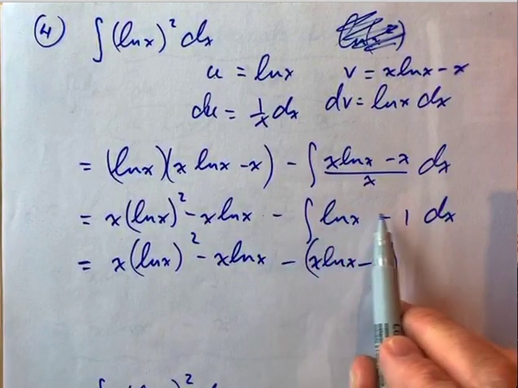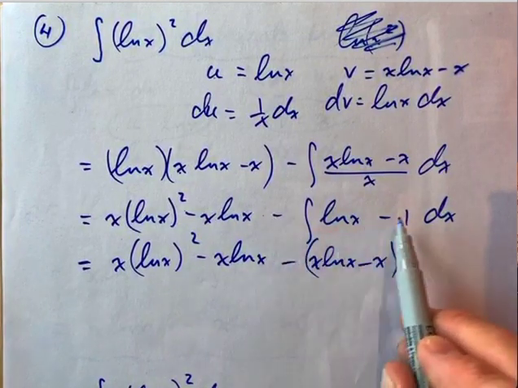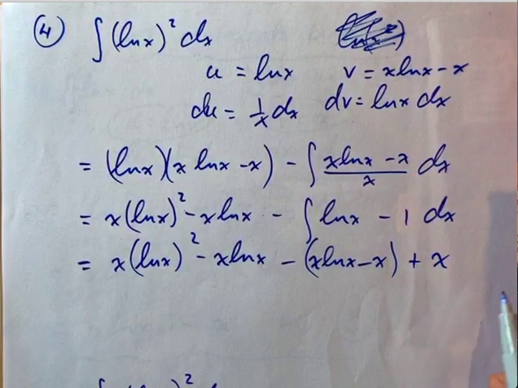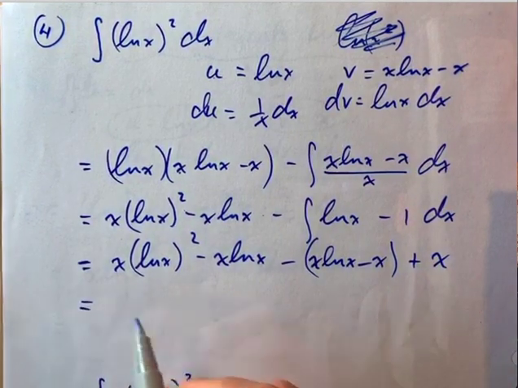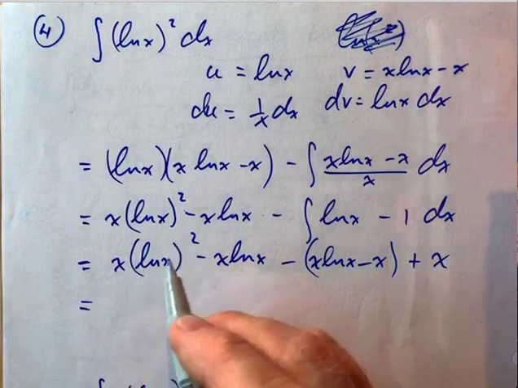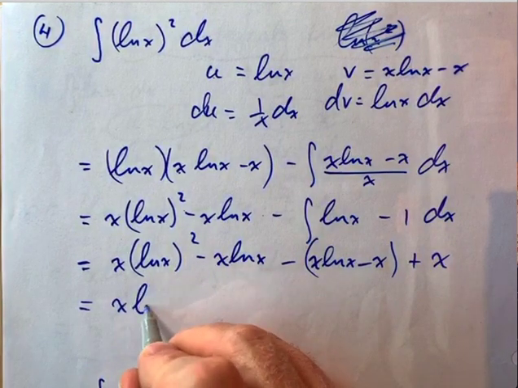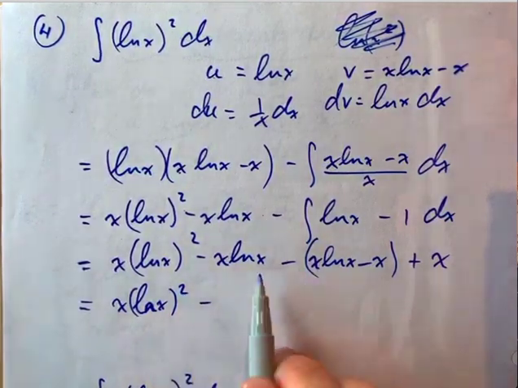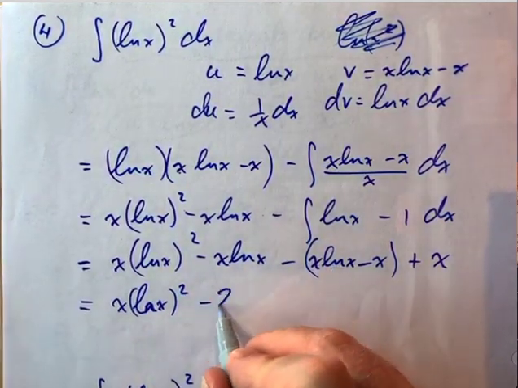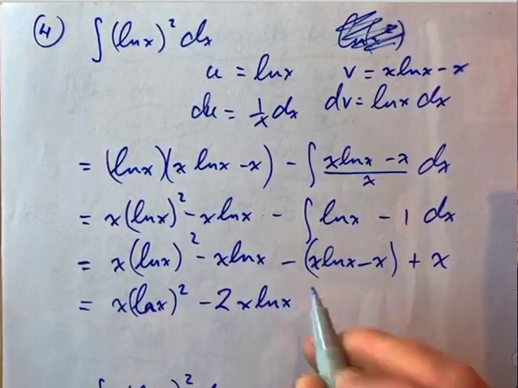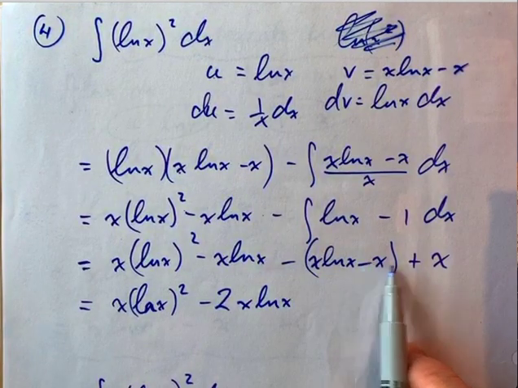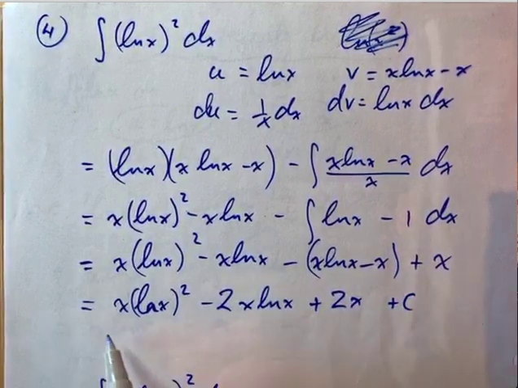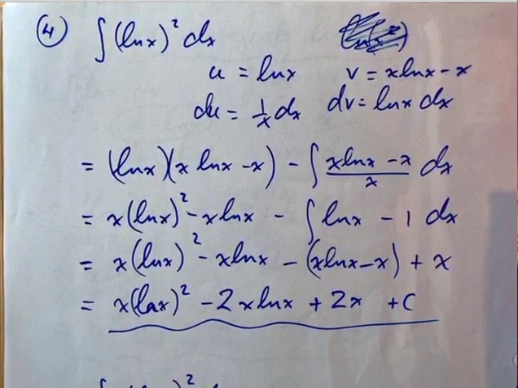Minus minus is plus, plus the integral of 1, which is plus x. Plus c. Let's simplify this down: x ln of x squared minus 2 x ln x, and minus minus is plus x, that's plus 2x. Plus a c. Yikes, that's a beast.